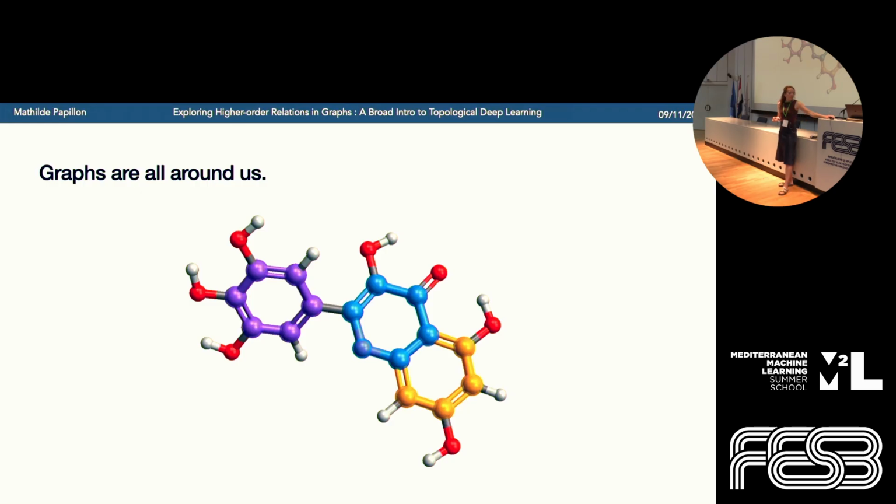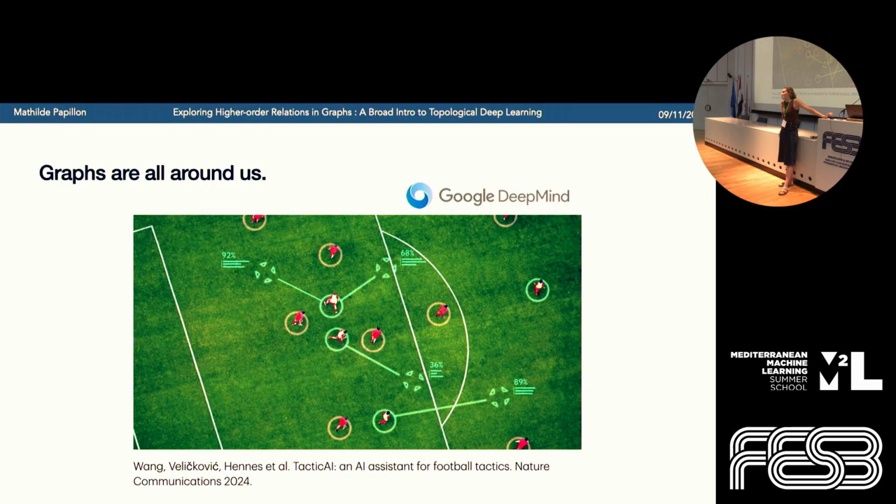Maybe you've heard these examples before, and in honor of Google DeepMind sponsoring this, I wanted to throw up a couple of examples of work that they've done with graphs. Maybe you saw this paper that came out last year in Nature Communications on football or soccer strategy using GNNs. They were drawing graphs between the players on the field and trying to optimize strategy for the best possible corner kick outcome.